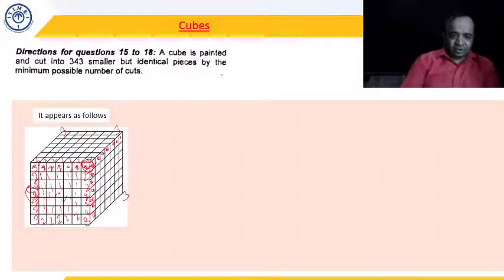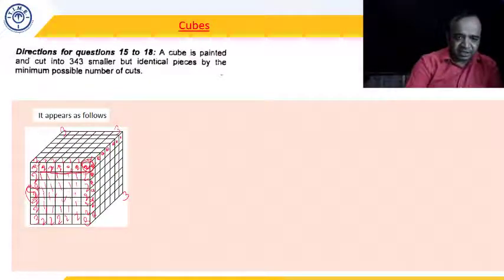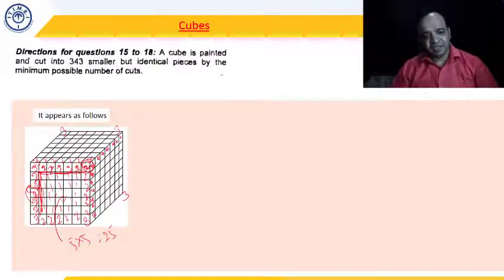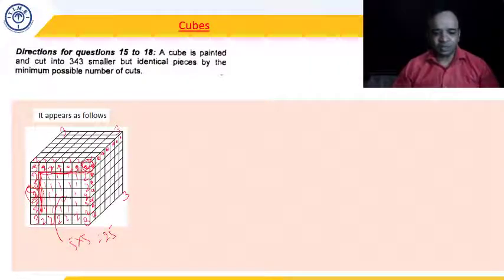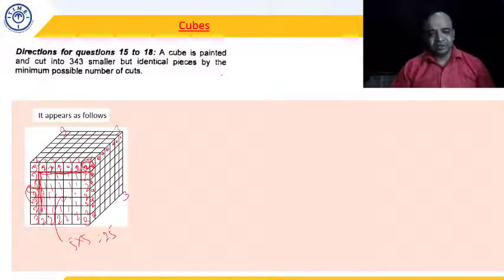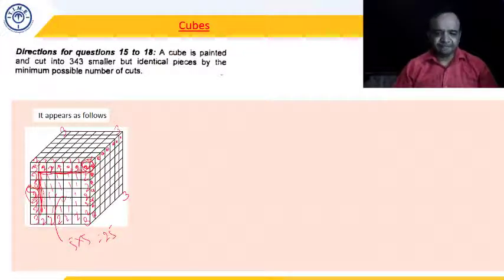Now how many pieces are available? 5 pieces along this dimension, 5 pieces along this dimension. So 5 into 5, total we have 25 pieces along one face. Total number of faces is how much? 6. So 25 into 6, there are 150 pieces which have only one face painted. I hope this is clear.